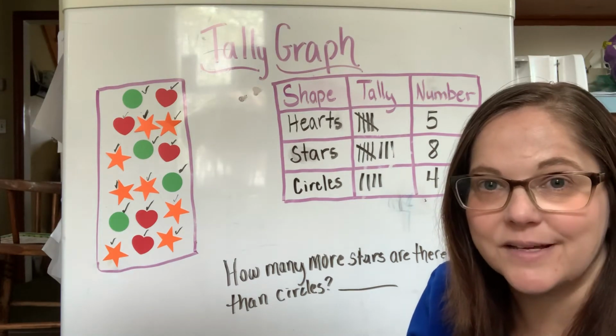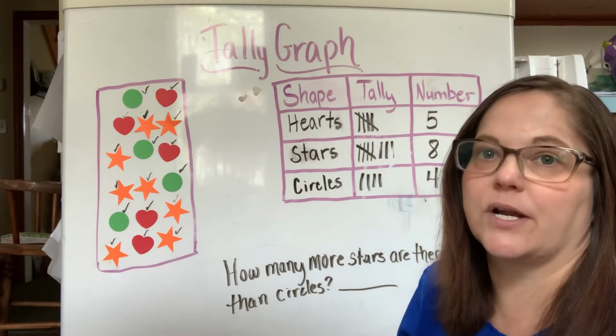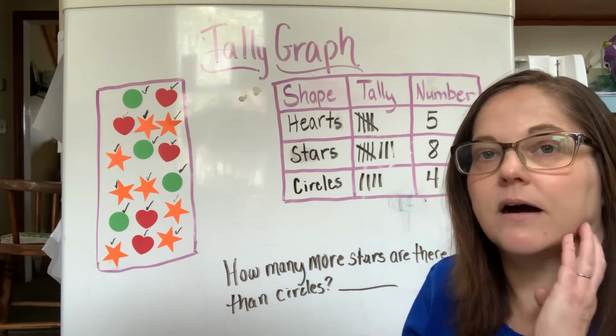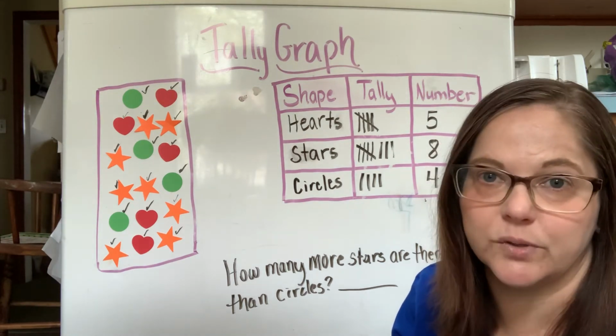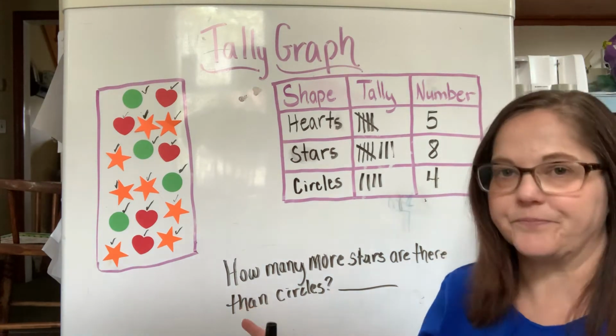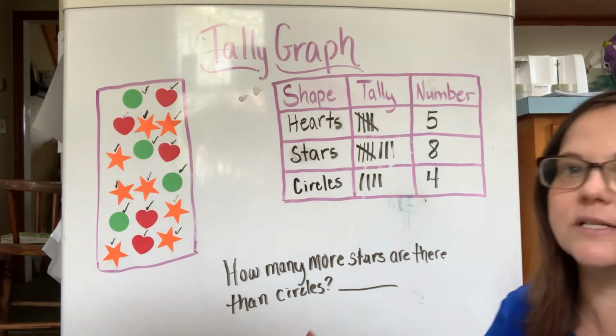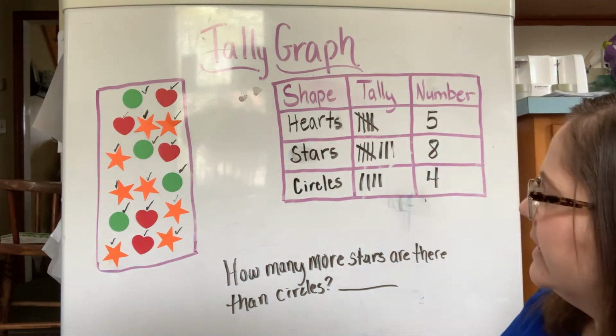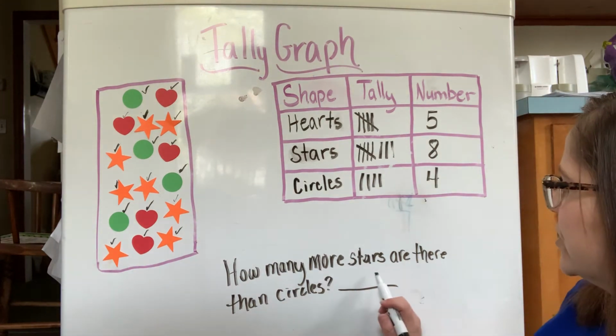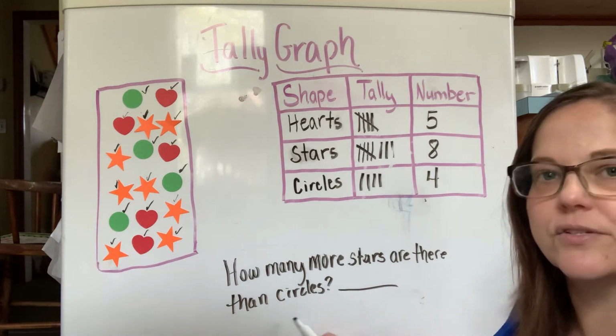Nice job. So one question I really want to talk to you about, and this question is on some of the packets that you've received, and it's in Boom Cards, is this. I think this question is kind of tricky, so we're going to take a look at it and examine it closely. It says, how many more stars are there than circles?